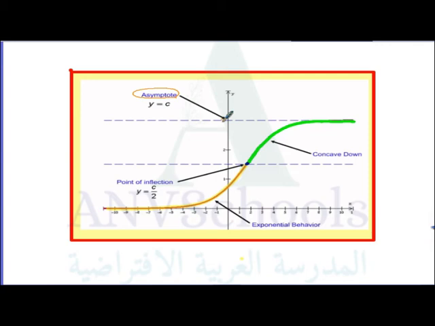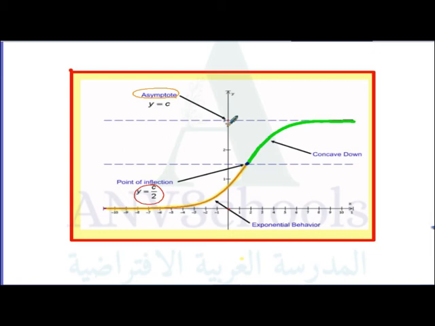This point of inflection actually is in the middle of your logistic function. That's why the value of y in this case is c over 2. What do you mean by c over 2? C over 2 is from here to here, from 0 to c. Now just take the average of that value for y from this point and from that point, and that's where the point of inflection is.